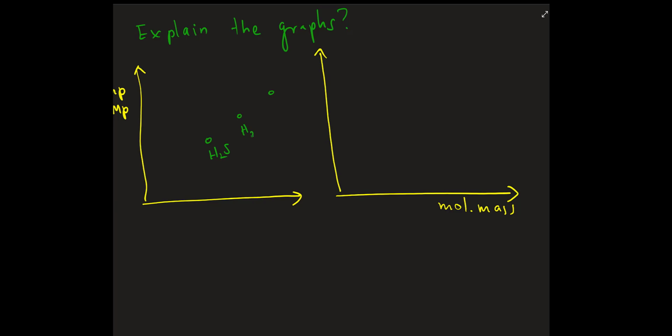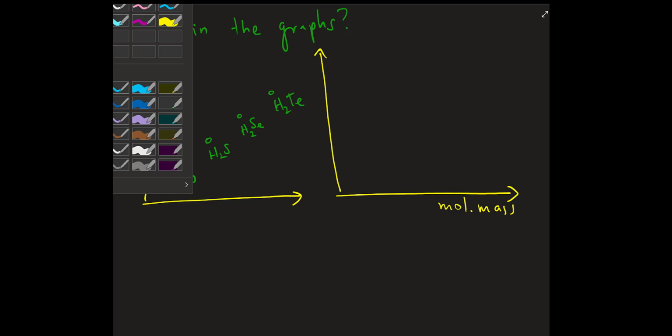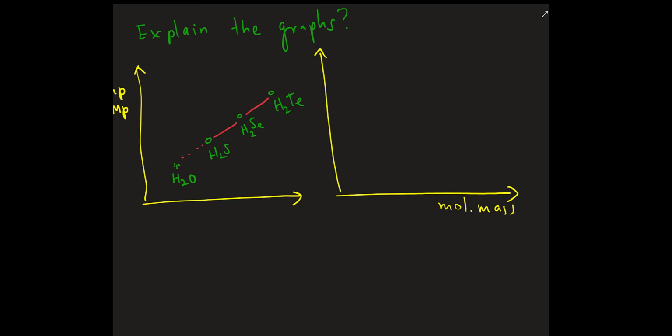The molar masses are on the x-axis, and the y-axis is the melting and boiling points, or temperature. Now look at this one. If we draw the hydrides H2O, H2S, H2Se, H2Te, water is actually up there, not in the trend. Same thing for ammonia. If you get phosphine PH3, AsH3, SbH3 and NH3, what happens?